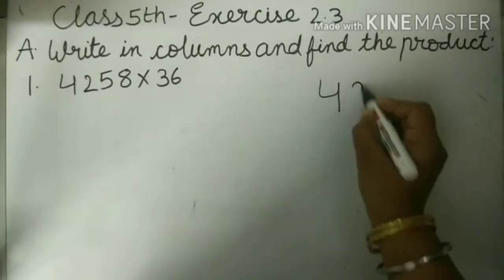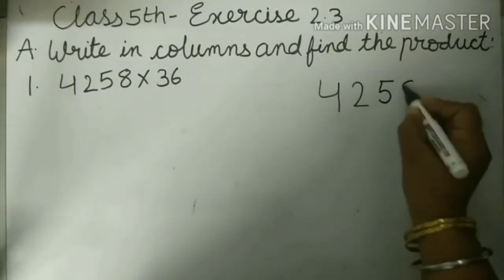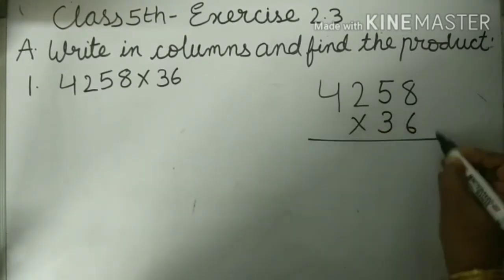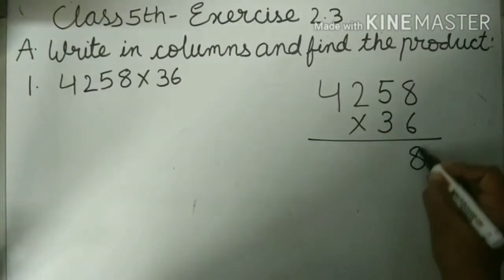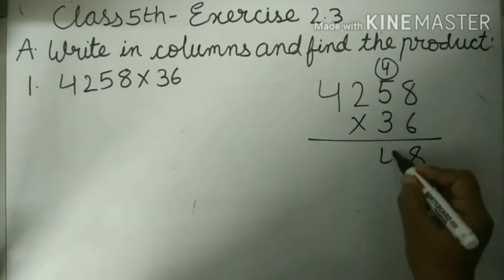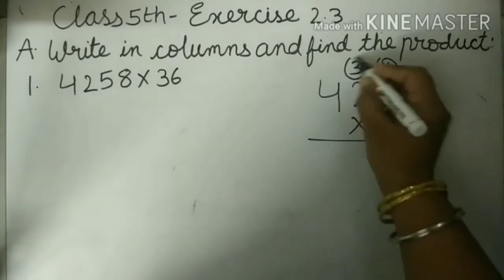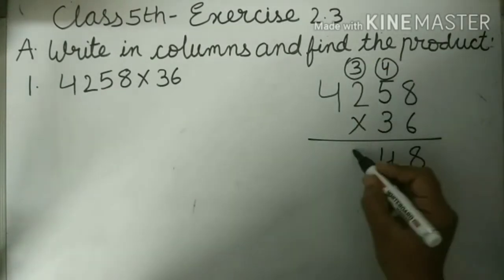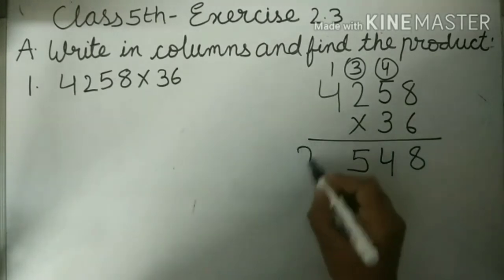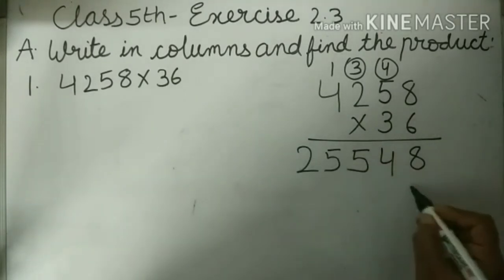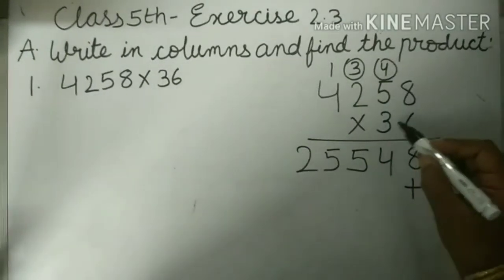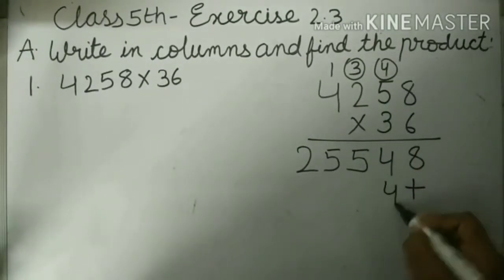So we arrange these numbers in the column and then we multiply. 6 8s are 48. Now 30 and 4, 34. 12 and 3, 15. 6 4s are 24 and 1, 25. Plus, now we multiply with 3. 3 8s are 24.